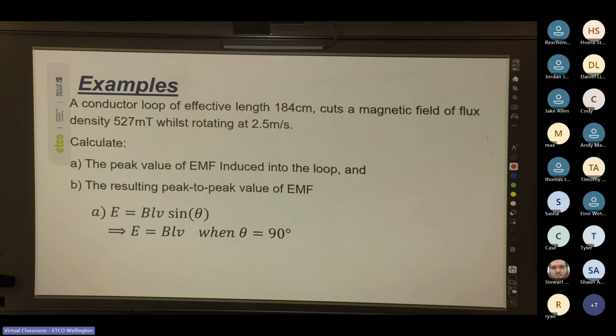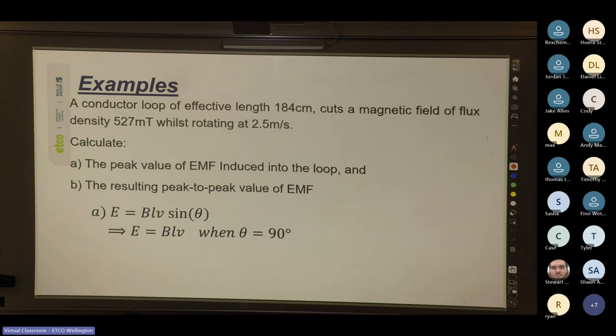BLV is the calculation we use to figure out the EMF induced into a length of wire or a conductor, and B is the flux density, normally measured in teslas, but right now it's measured in milliteslas, so we need to convert it to teslas by dividing it by 1,000.